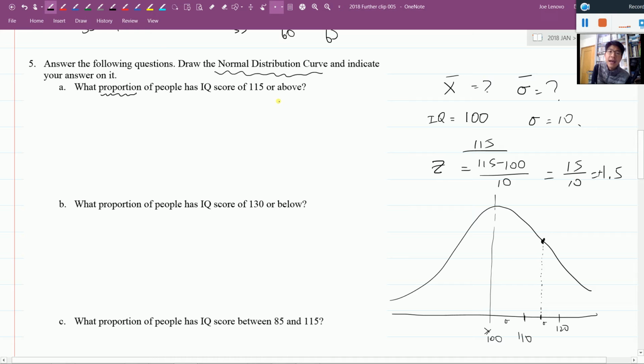And look at that. The question is asking you about the regions. From this point you have two sides, either below 115 or bigger than 115. According to that, we want to find people who are above, which means that the whole area here is what we want.